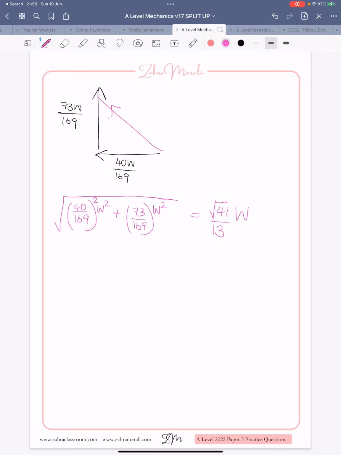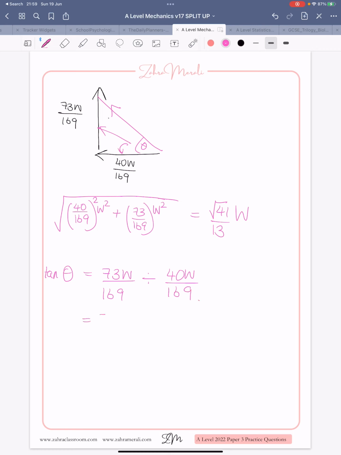And then it asks me for the angle. So it wants me to calculate this angle here. So tan theta is going to be opposite over adjacent. So 73W over 169 divided by 40W over 169.